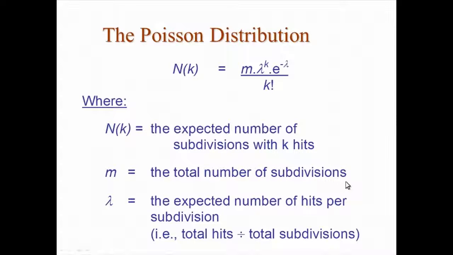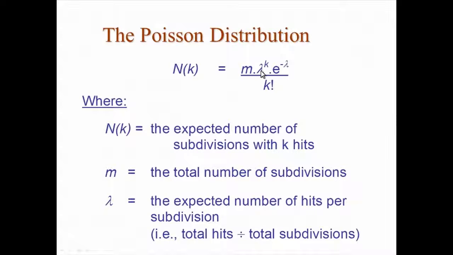M is the total number of subdivisions, which in this example was 100. And then we have lambda, the Greek letter lambda. And lambda is the expected number of hits per subdivision. So basically, we just divide the total number of hits by the total number of subdivisions, which in this example was 200 divided by 100, which is, of course, 2.